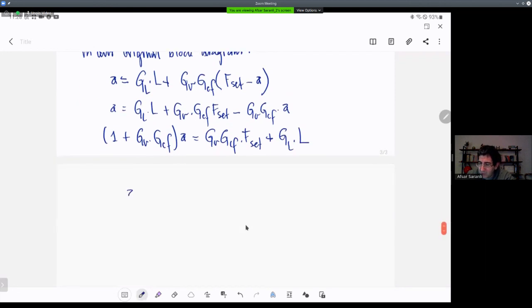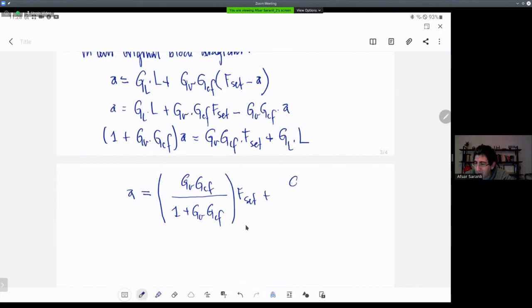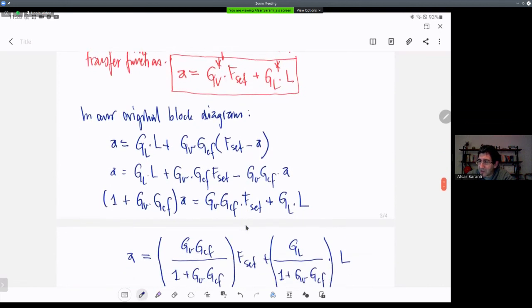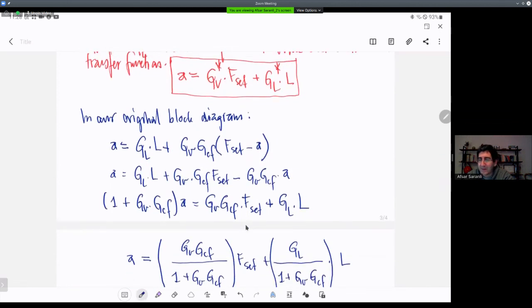Now we divide both sides by the coefficient of A. So we have A being given by GV GCF over (1 plus GV GCF) times F set, plus GL over (1 plus GV GCF) times L. If you compare the two, this portion corresponds to GV star because it's the factor in front of F set, and the second part corresponds to GL star.